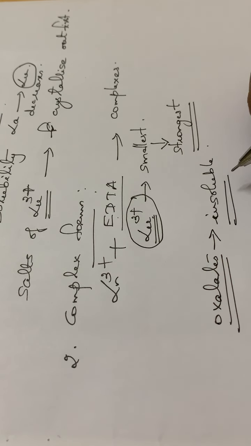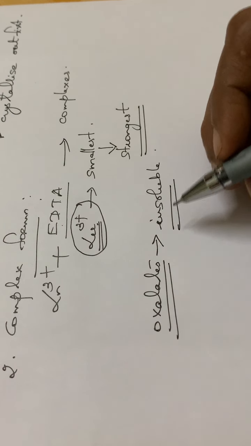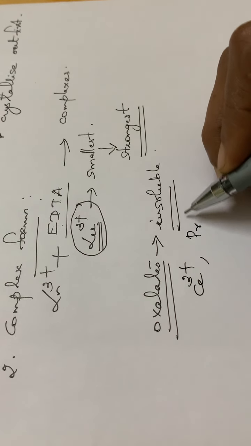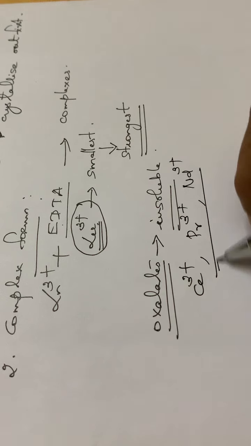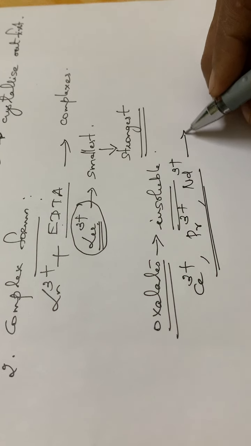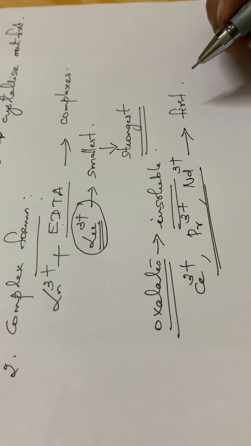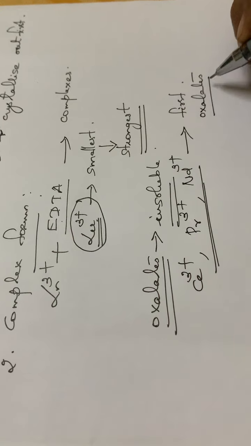When acid is added to this solution, the least stable complexes will be dissociated first. That means cerium 3+, then praseodymium 3+, then neodymium 3+, Nd 3+. They come out first, precipitated as their oxalates first.